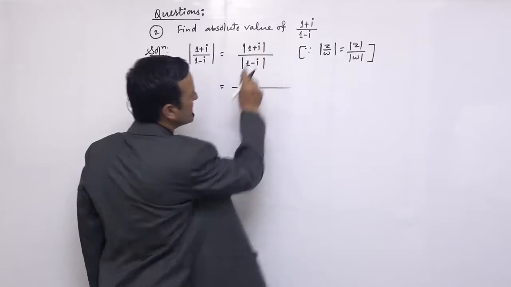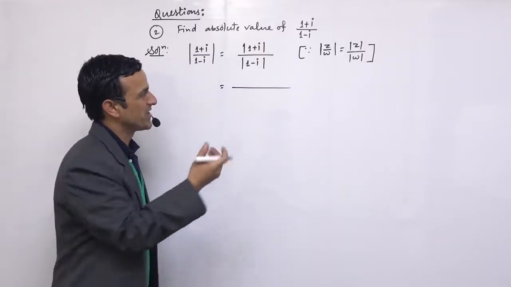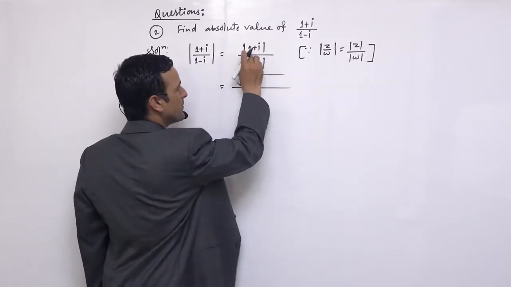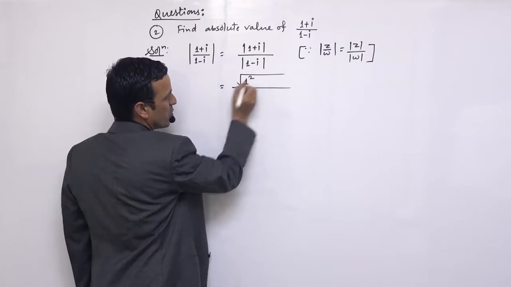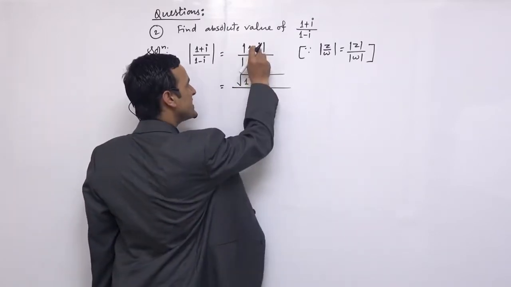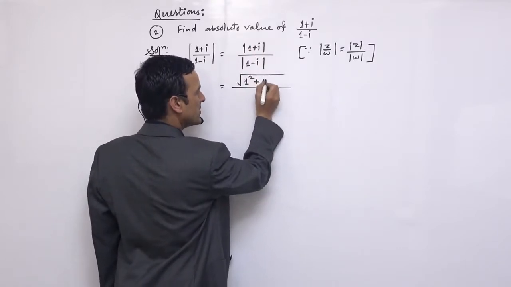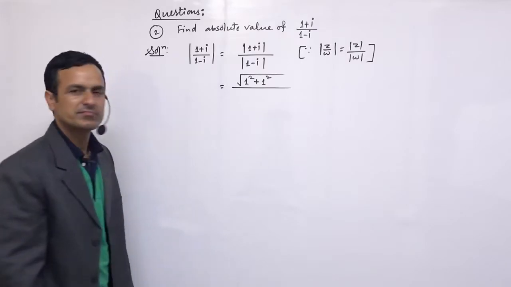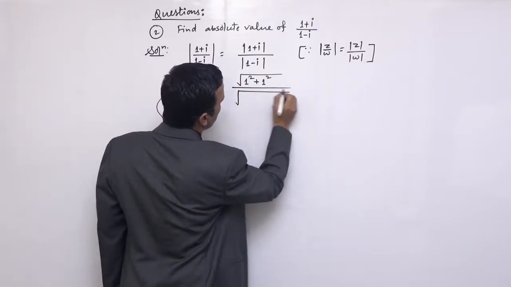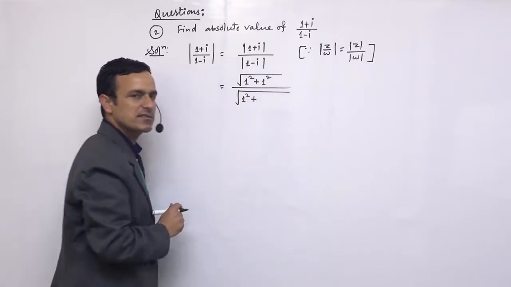So how to find the modulus of any term? Go through the definition. So it will be root under real part squared, meaning 1 squared. This is the real part. Imaginary part squared, meaning the coefficient of i is also 1. So 1 squared. And similarly in the denominator we have real part squared, meaning 1 squared, plus.